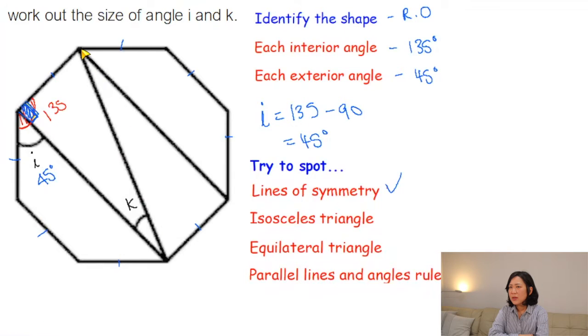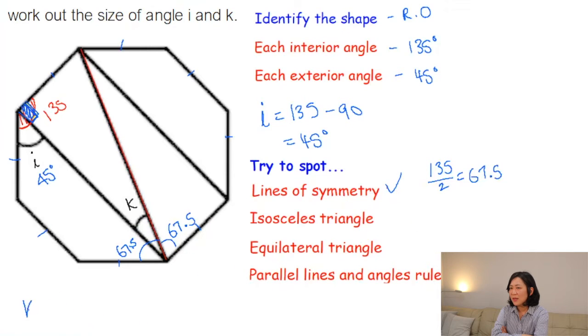So then what we notice is that the line of symmetry splits one of the interior angles, right? Then we can say one of the interior angles is 135 divided by 2, it gives you 67.5, right? Then now I think we are close to the answer. So 67.5 and the other part is 67.5.